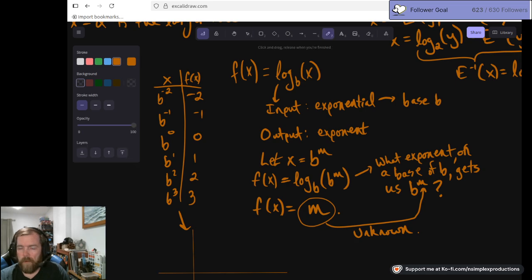Right? With a b value that is greater than 1, we're going to end up with something like a 1 here. That's b to the first here, b squared here, b to the third here.